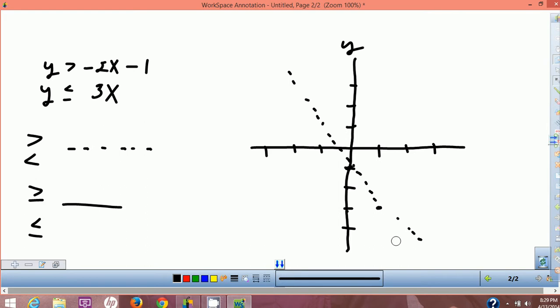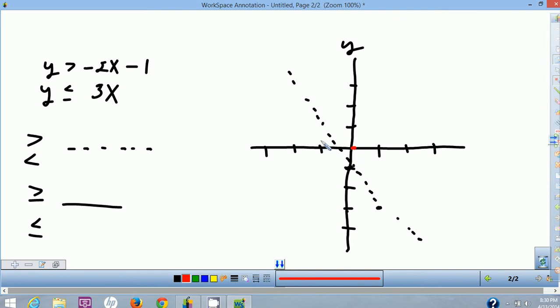Now, at this point, you can either go ahead and shade this one, or you can graph the other one before you start shading. I'm going to, I think, in this particular case, go ahead and shade it. So I'm going to change this to red just to make it easier to see. And I need to figure out which side I want to shade. Well, if 0, 0 is not on the line, it makes a good test point.